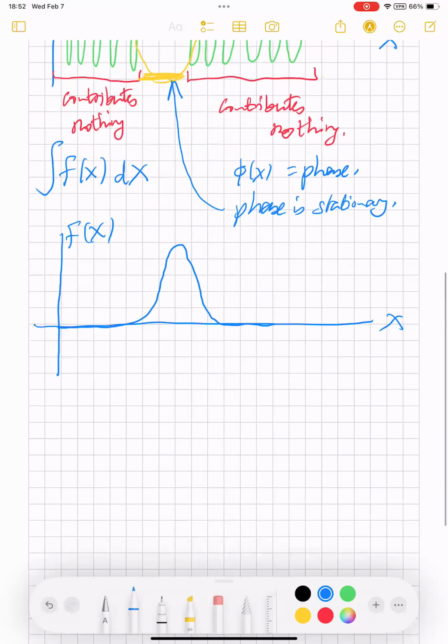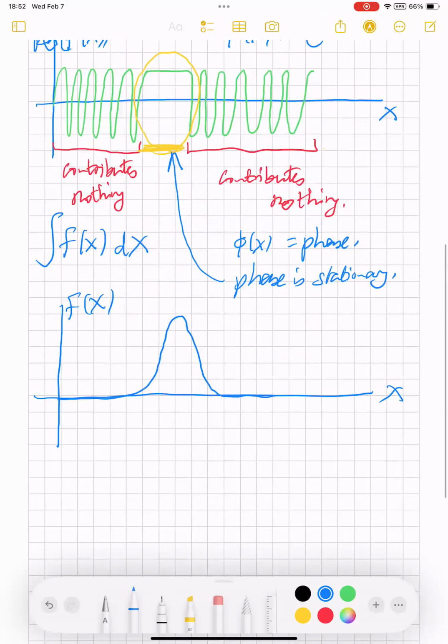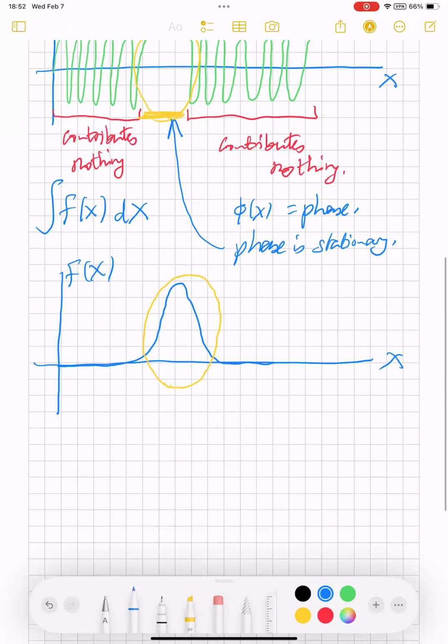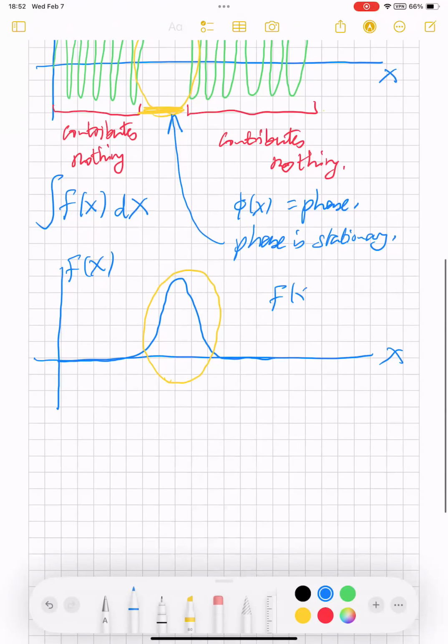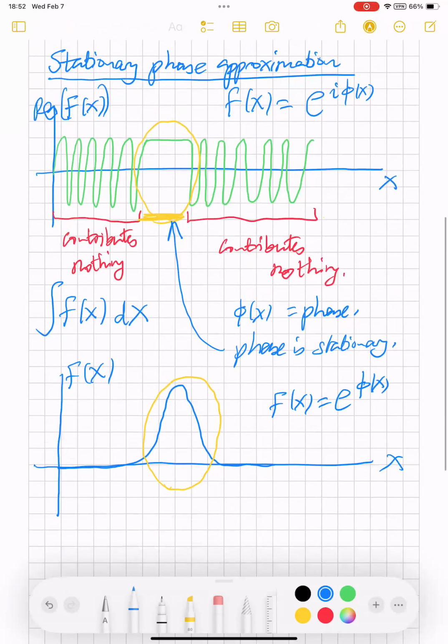Now, if I say to you, where does the contribution to the function come from? Well, you'd say, again, this is the important region, in this region over here. And if we decided to write f of x now as e to the phi of x, so very similar to the previous way we wrote our function, the only difference is previously we had an i multiplying the phi. Here we don't have an i.